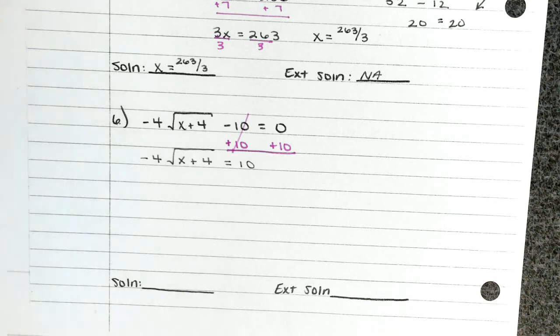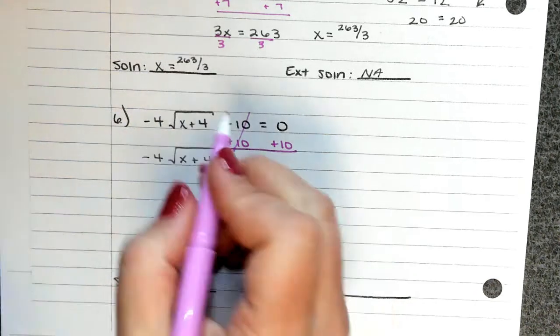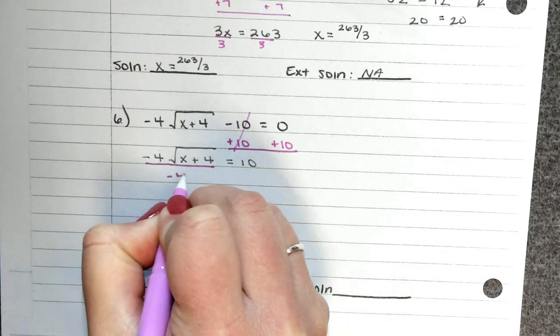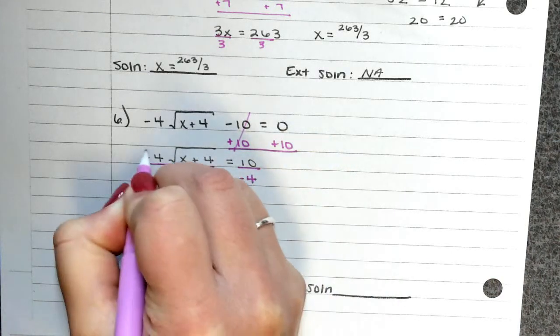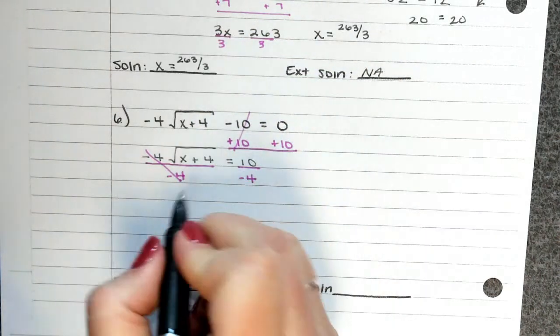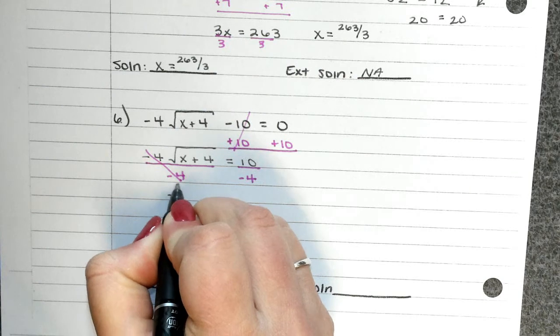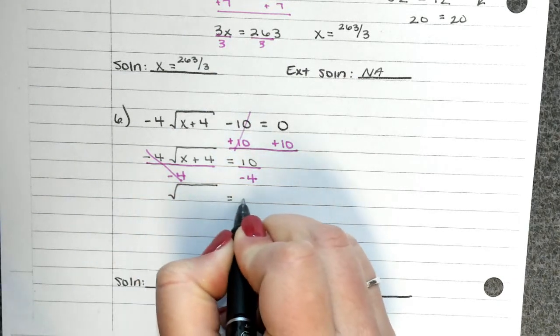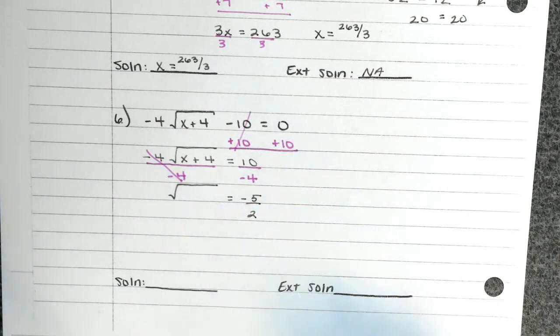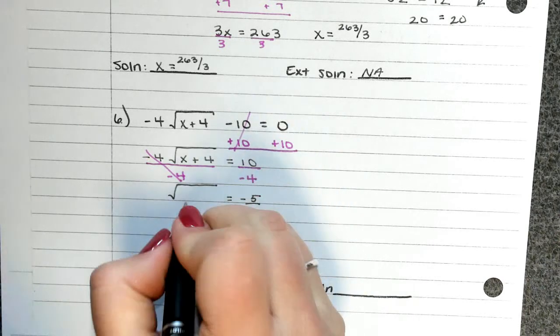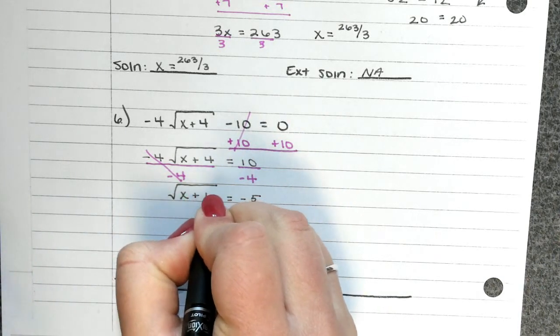And number 21, what comes next? Divide both sides by negative 4. And what do you get? Negative 5. Yes, this reduces to negative 5 halves. And over here you have the square root of x plus 4 still.